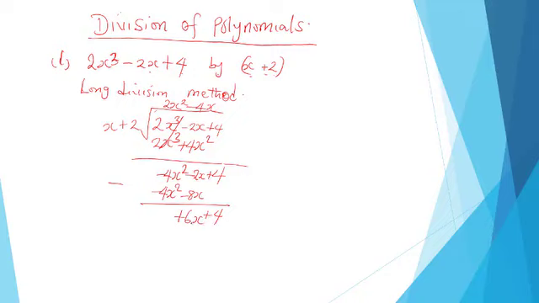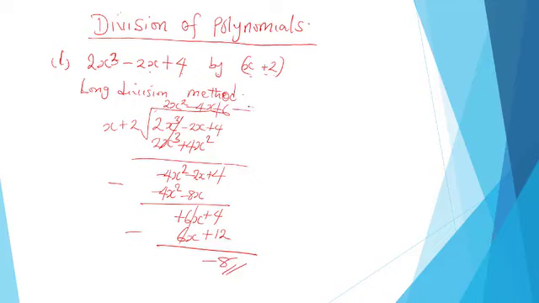Now we continue dividing. 6x divided by x will give you plus 6. 6 times x will give you 6x, and 6 times 2 will give you 12. You bring down your line with a minus sign again. We now have 4 minus 12, which is minus 8.